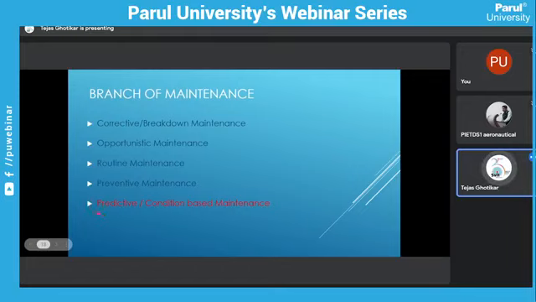And the last one is predictive or condition based maintenance. In condition based maintenance, what we are doing is checking the condition of the system.